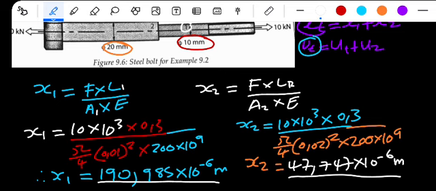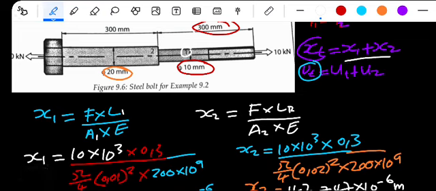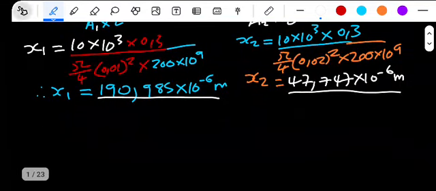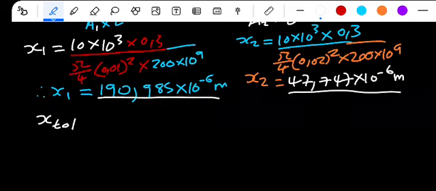So we have our total extension. The total extension will be equal to x1 plus x2.